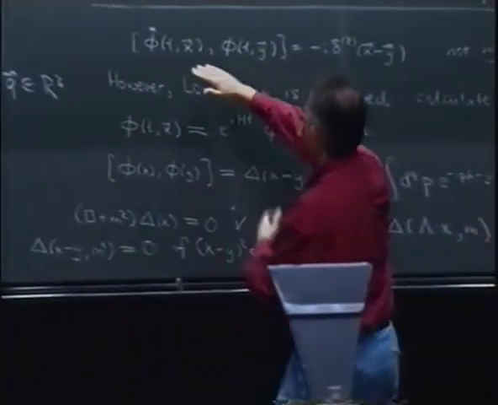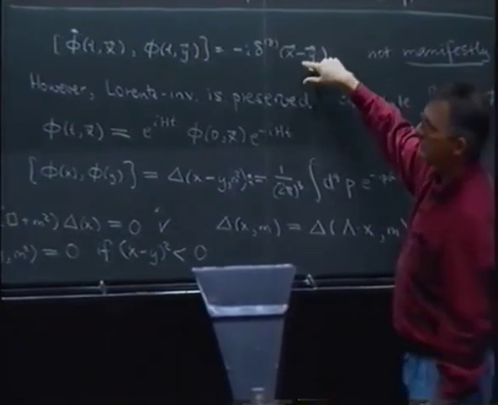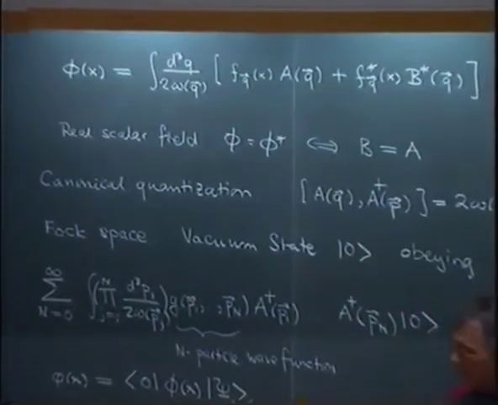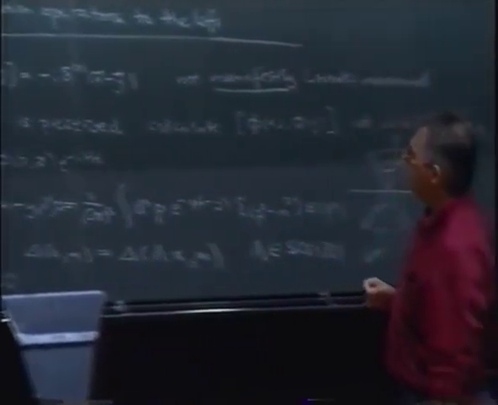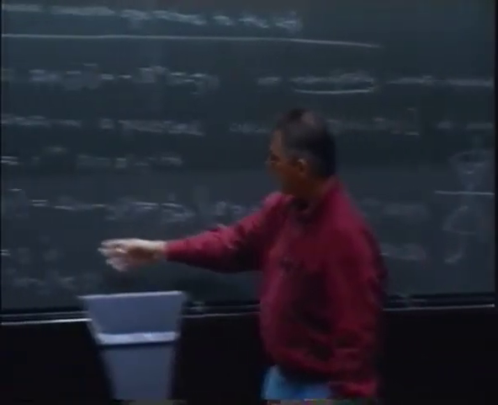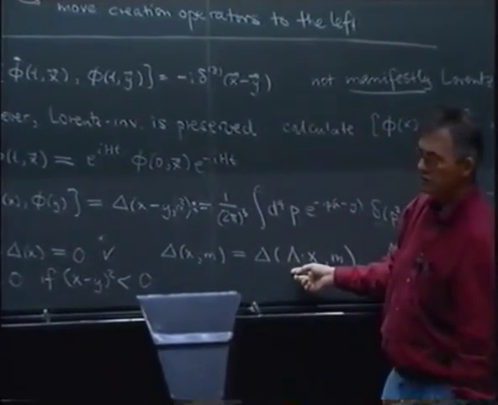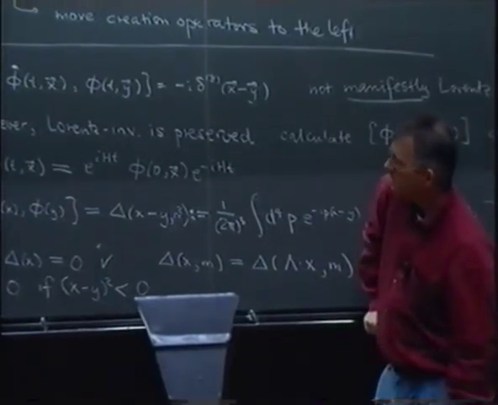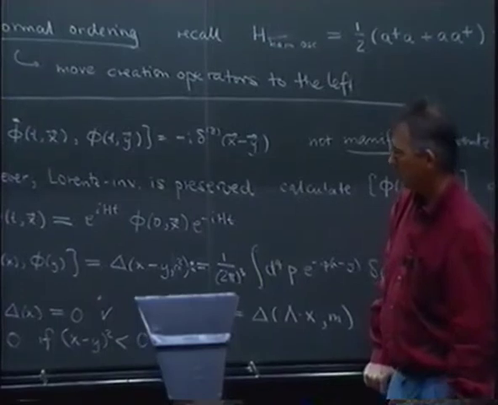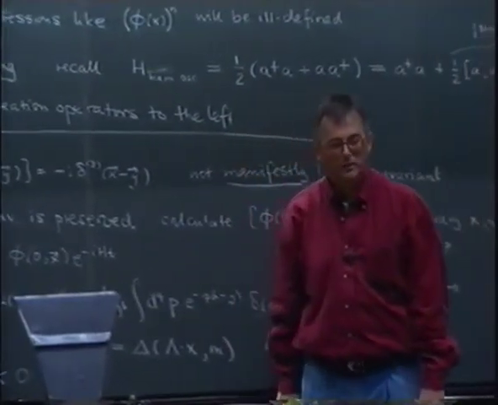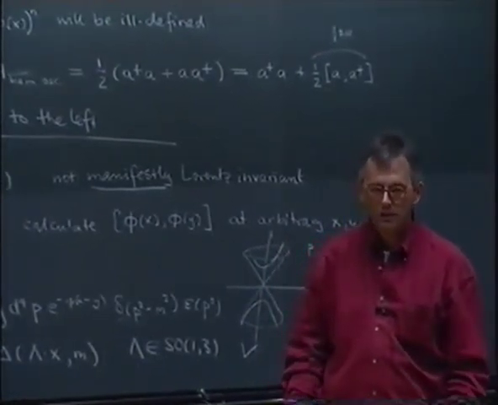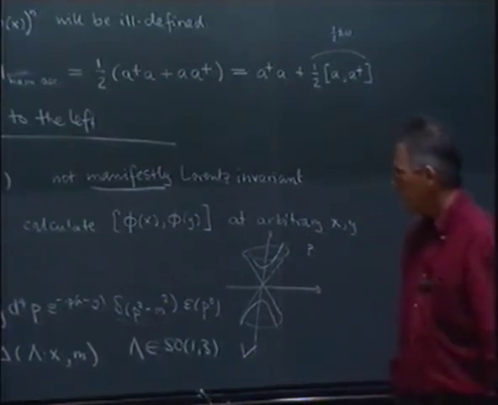Even in an interacting quantum field theory, we'll still postulate this. This equation up there will be replaced by some more complicated equation involving nonlinear terms, but it should still be true that this commutator function is Lorentz invariant and that it vanishes at space-like distances. This is the expression of causality in quantum field theory. Now, for interacting quantum field theories, of course, this is much, much harder to check. And if you cannot solve the theory exactly, the only thing we can do is check it order by order in perturbation theory.